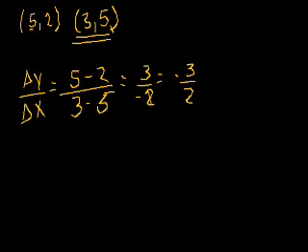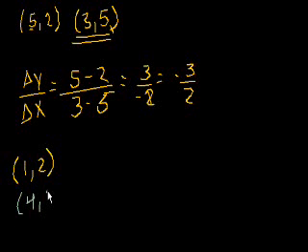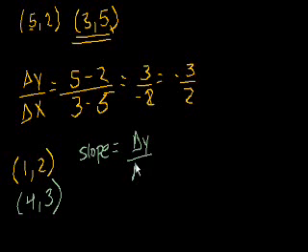Let's do another one. And this time I'm going to try to make it color-coded so it'll be more self-explanatory. So it's 1, 2, that's the first point. And then the second point is 4, 3. So once again, we say slope is equal to change in y over change in x. Well, change in y, we take the first y, let's start here, and we'll call that y1.